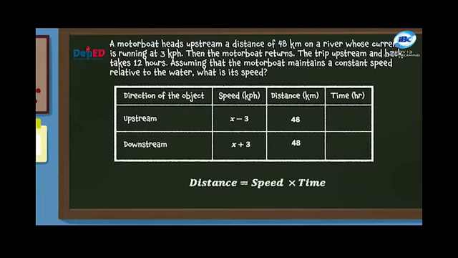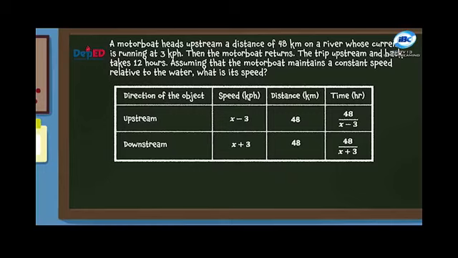Recall that distance equals speed times time, and when time is unknown, it must be equal to distance over speed. Hence, the time in hours it takes the boat to travel 48 kilometers upstream is equal to 48 over x minus 3, while it takes the boat 48 over x plus 3 hours to travel 48 kilometers downstream.